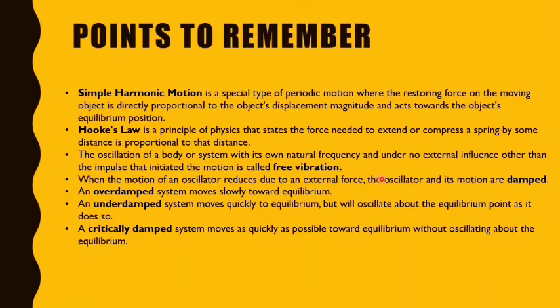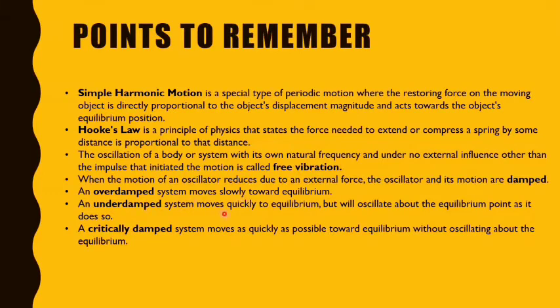Now we will know about what is damped. When the motion of an oscillator is reduced by an external force, the oscillator and its motion are damped. That means the force is exerted from outside, given by us. An overdamped system moves slowly towards equilibrium. That means it will move towards the equilibrium position very slowly.